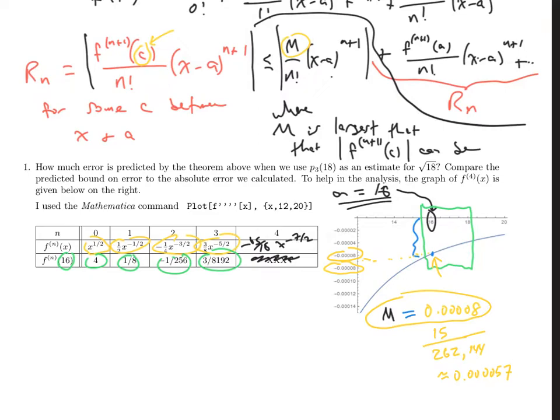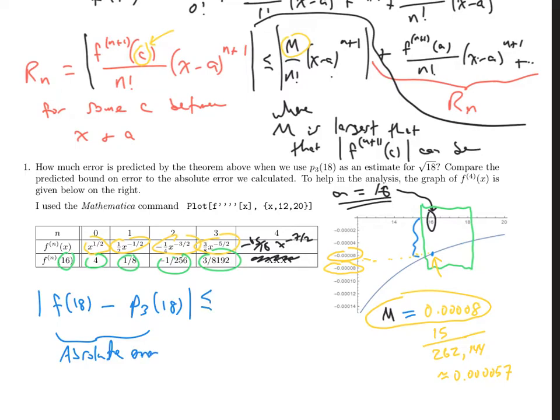So the theorem says that the error would be written this way. So f of 18, that would be the square root of 18, minus the approximation at 18. So that's the actual error. So remember, we call that absolute error on the last slide.